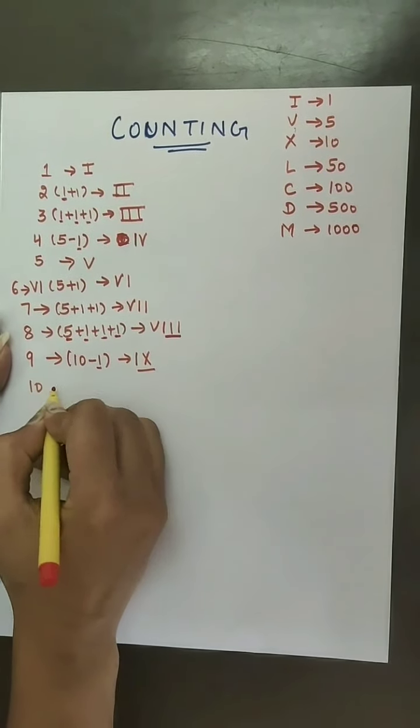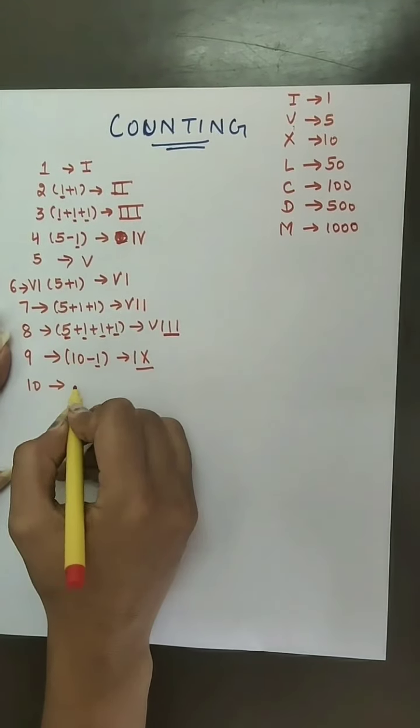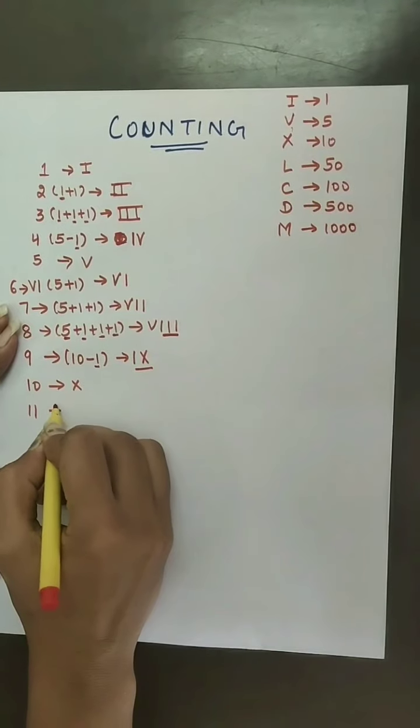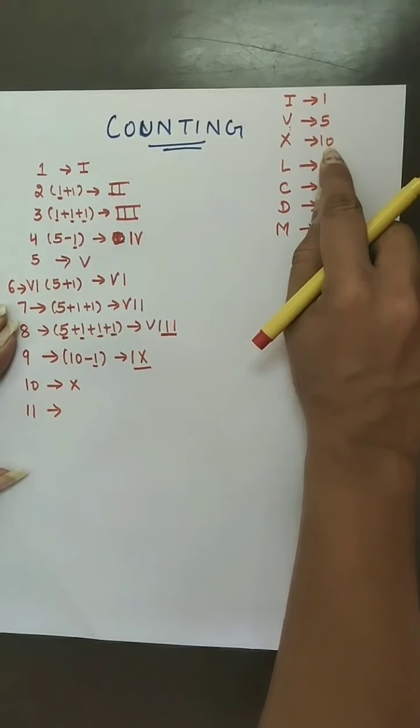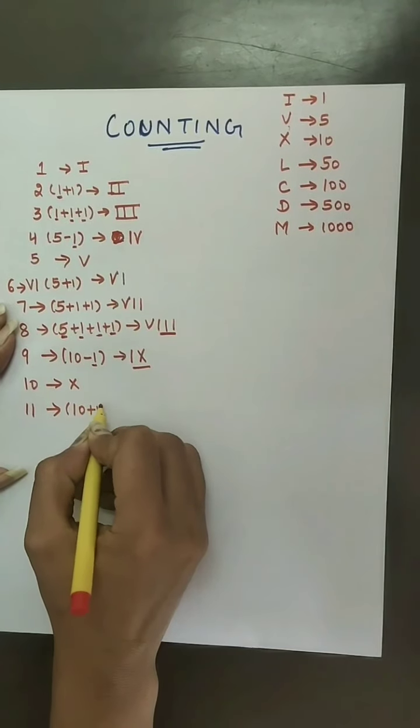For 10, what is the symbol for 10? X. Next is 11. 11 is closer to 10. Means how will we write it? 10 plus 1.